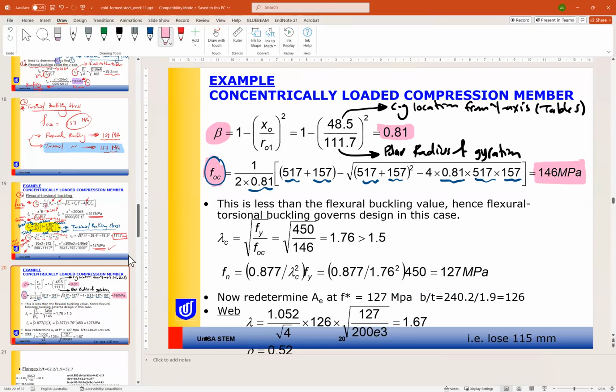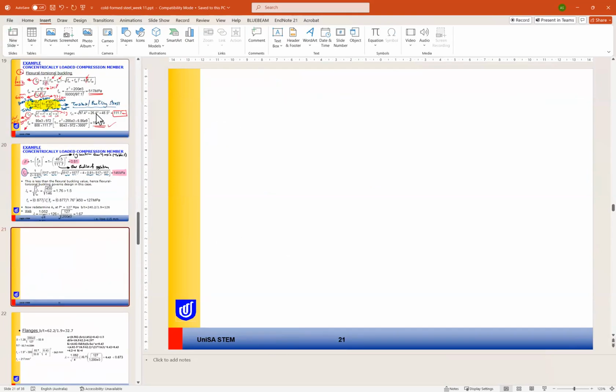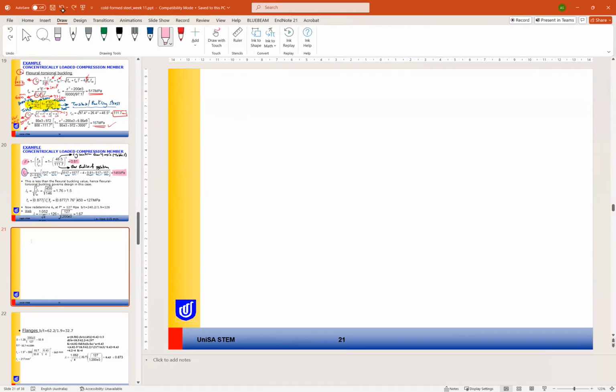So what does this mean based on what we have now? We have 159, 157, 146. This is case number 1, case number 2, case number 3.